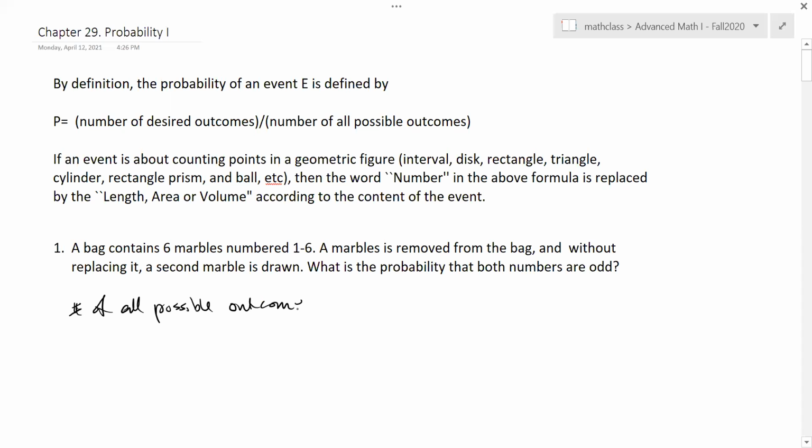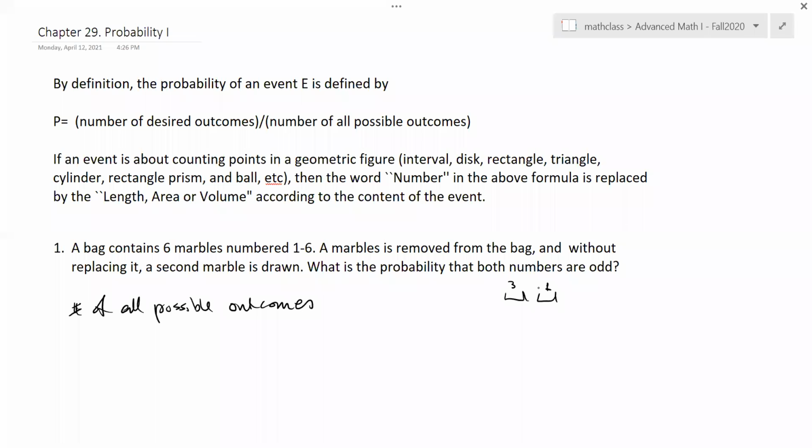We're going to put the two numbers here, one by one. If the first marble number is 3 and the second marble number is 1, that's just 1 outcome. So you're going to pick two numbers out of 6 numbers in an order, one by one. So this applies the principle of counting.